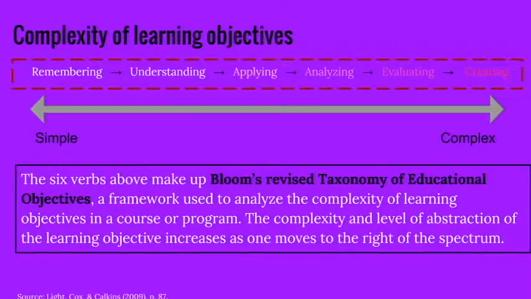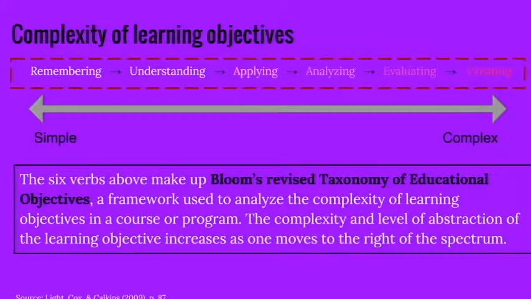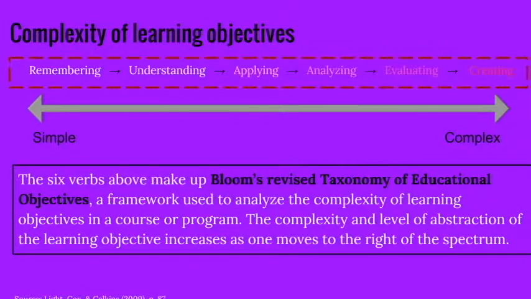Learning objectives range in complexity depending on the nature of the subject matter of the class and the approach that an instructor takes to teaching and learning. Two well-known frameworks that categorize learning objectives based on their complexity are Bloom's taxonomy and the structure of observed learning outcomes, or sometimes known as SOLO.